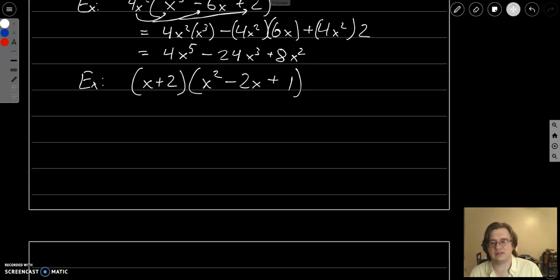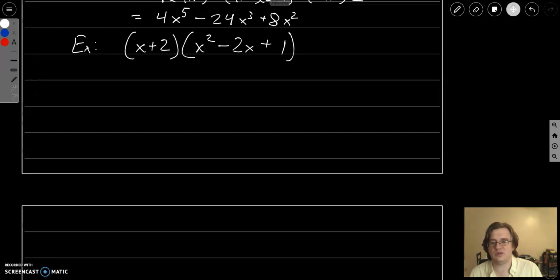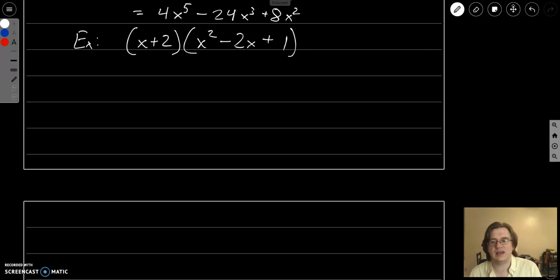The very last polynomials that we will multiply. Now this first polynomial has 2 terms. And I think the easiest way to do this is to distribute each term individually. So I will first distribute the first term. So x being multiplied against everything in the second polynomial.